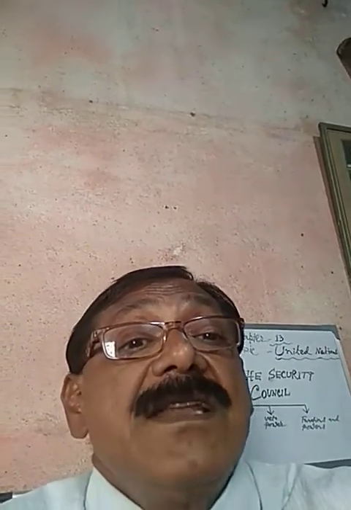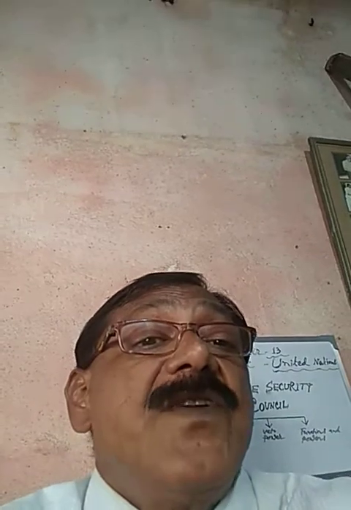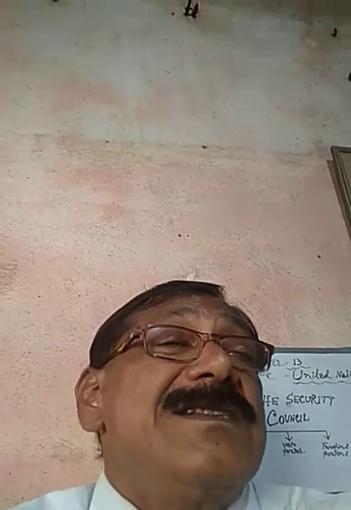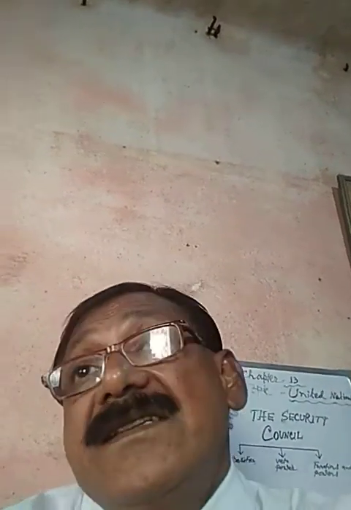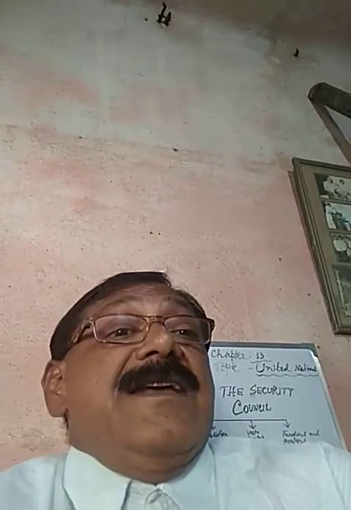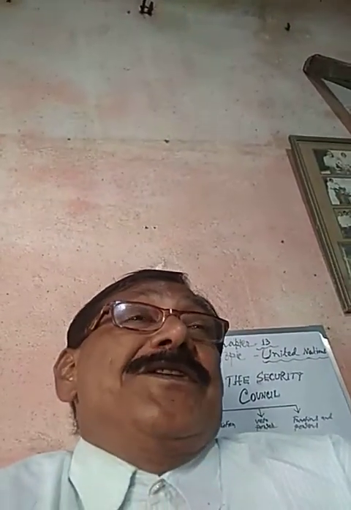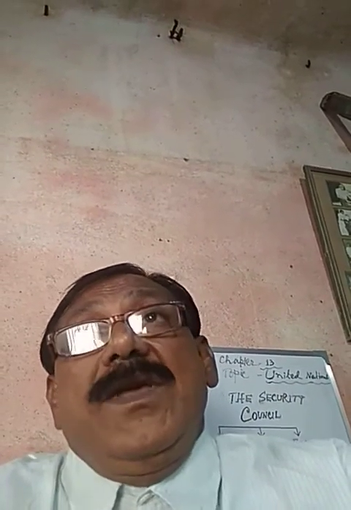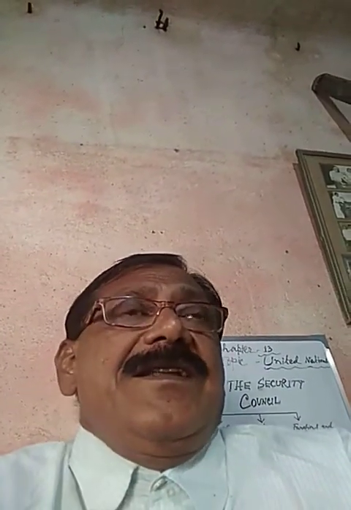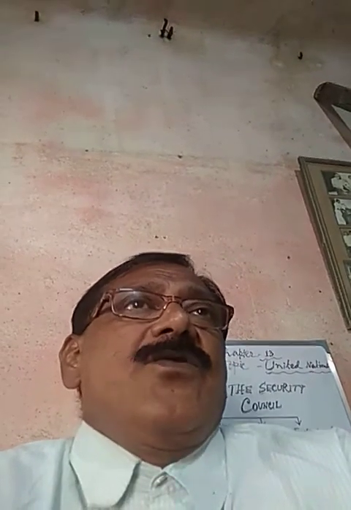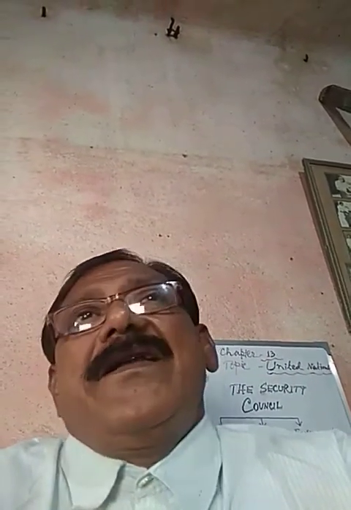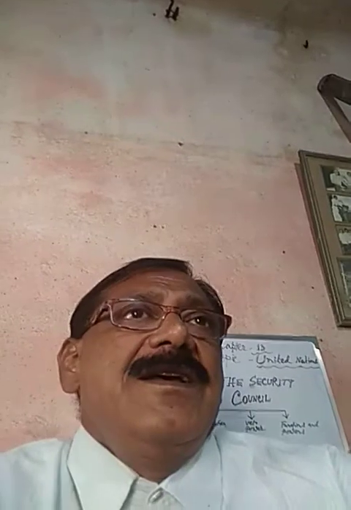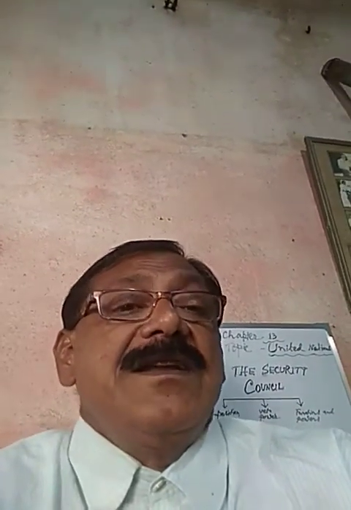Second point, the Security Council exercises the trusteeship functions of the United Nations in strategic matters and in strategic areas. Next point, the Security Council recommends the name of a person to be the Secretary General to the General Assembly, according to which the General Assembly appoints a person as the Secretary General of the United Nations.